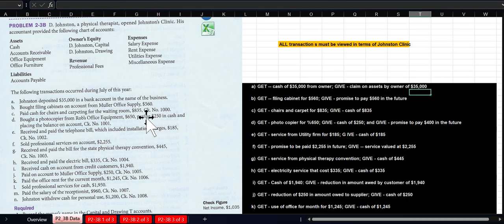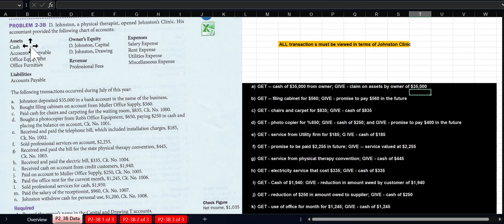So I am recommending that you go through each transaction, determine the get and the give, and once you do, then you know that each get is going to be placed on the left of the account that is involved, and each give is going to be on the credit or right side of the account that's involved.